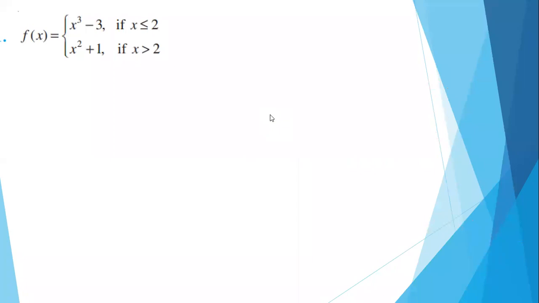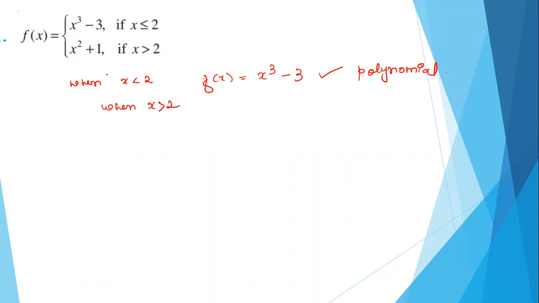So next problem, here also if you see, when x is less than 2, what you have in the function is f of x equals x cube minus 3. And what is this? This is a polynomial, correct? And when x is greater than 2, what we have? f of x is x square plus 1.